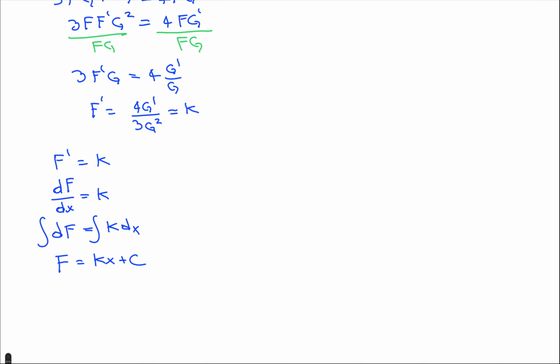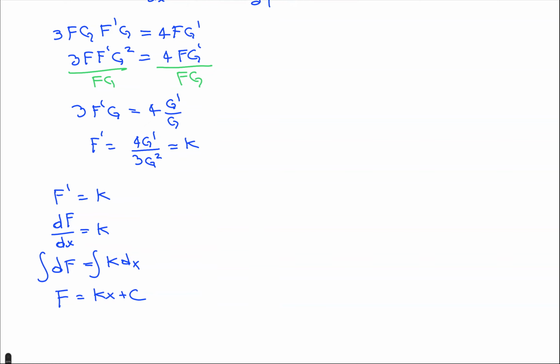Let me continue up here to solve the equation for g, and I'm going to need all of this space right here. So 4g prime over 3g squared equals k. In this case, this is what I'm going to do: I'm going to move all the constants to the right-hand side of the equation by multiplying both sides by 3/4.